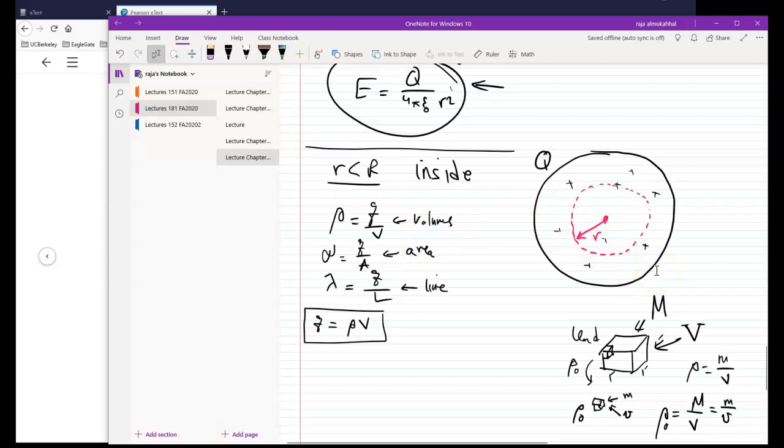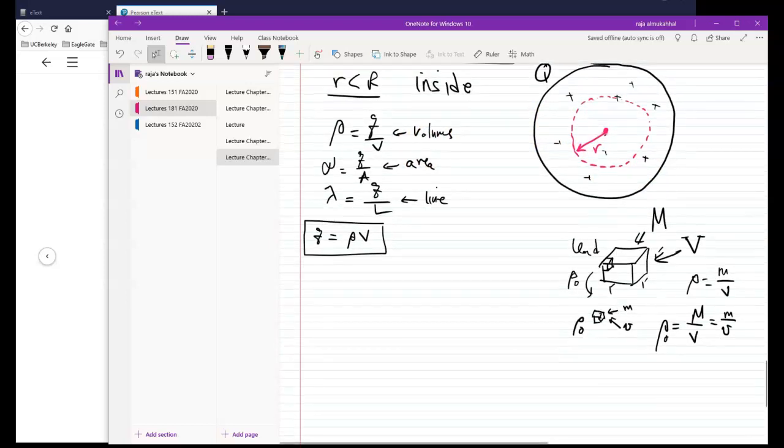Here's how it works. Watch. Gauss's law says the integral of E dot dA equals the charge enclosed divided by epsilon naught. Now let me look at the charge enclosed here. Right here, the charge enclosed is basically this within the pink Gaussian surface.